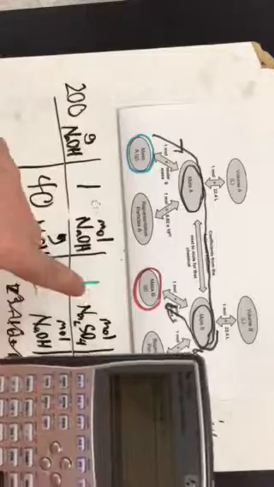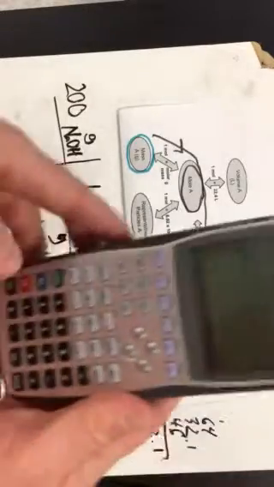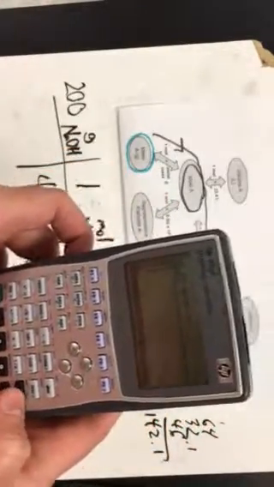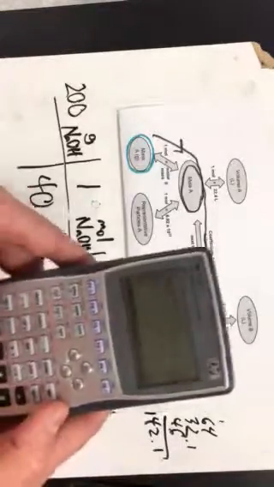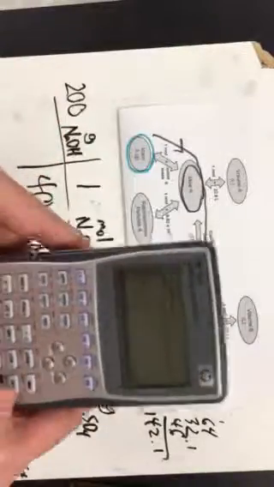And then times 1, but I skipped that, divided by 2, so I'm going to take 2 and divide by it. And then I'm going to multiply by 142.1, and I don't have to worry about this 1 on the bottom because you don't do anything with 1.